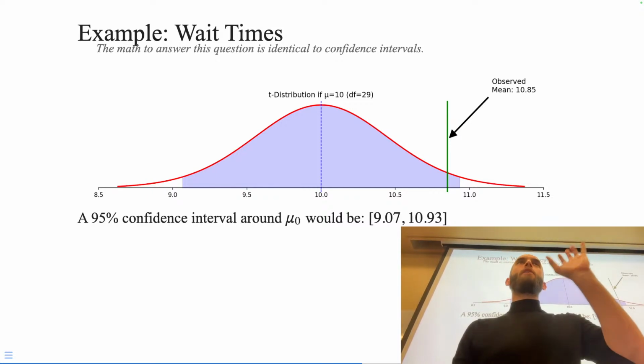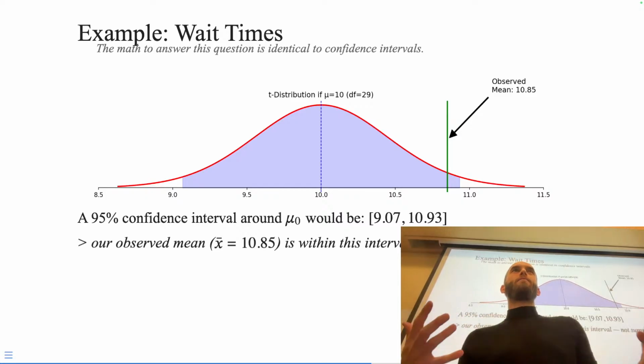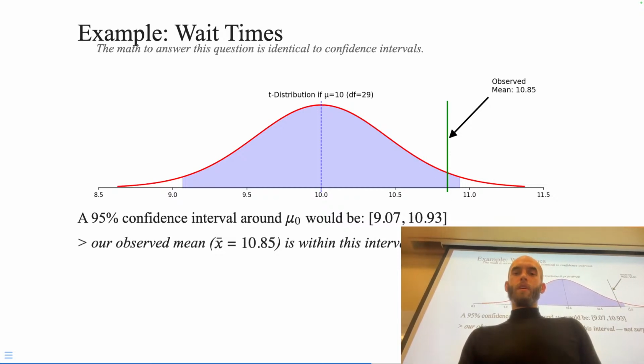I want you to be thinking about closeness when you think about confidence intervals. Okay, so our observed sample mean is within this interval, so it's not really surprising, at least with this level of confidence, if 10 were the truth. So if 10 were true, we would expect to see a sample mean like we do, at least at this level of confidence.